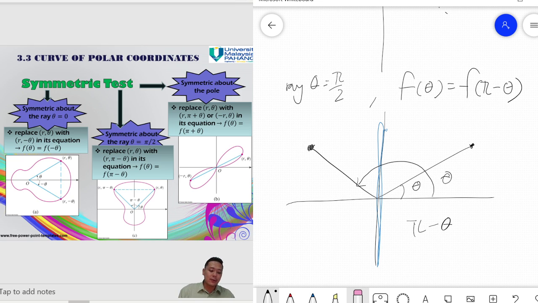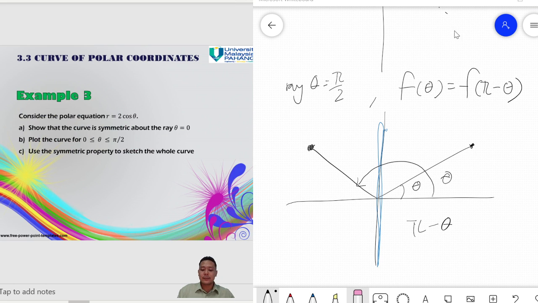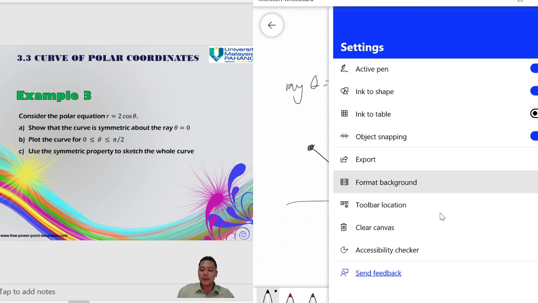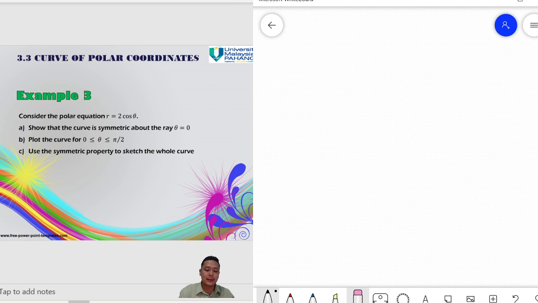So let's go to the example. Okay, given the value of r is 2 cos theta. Try to recall back what will be the basic shape of 2 cos theta. Okay, so it will be a circle on the cos theta dekat x-axis.